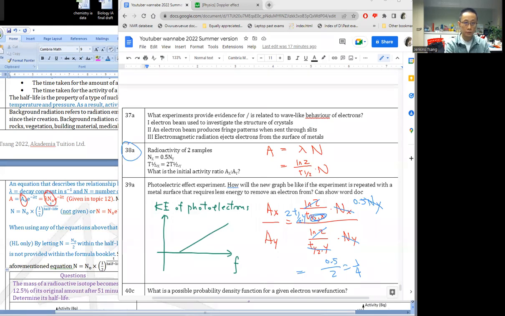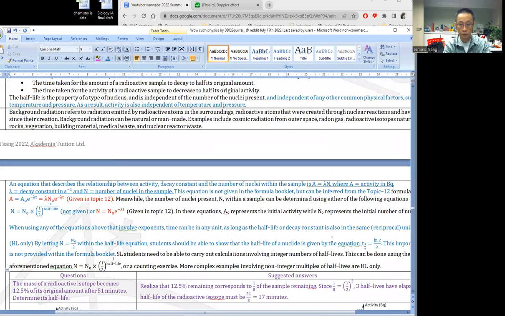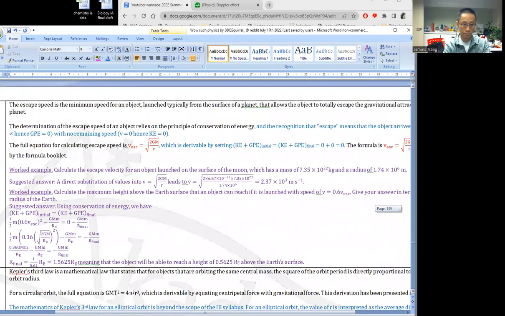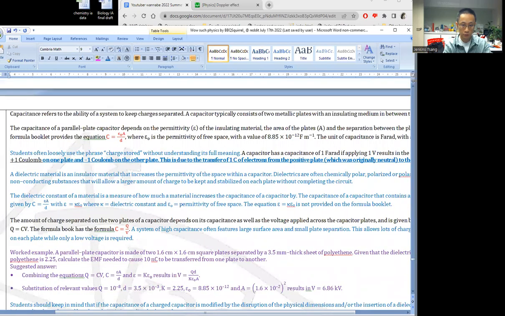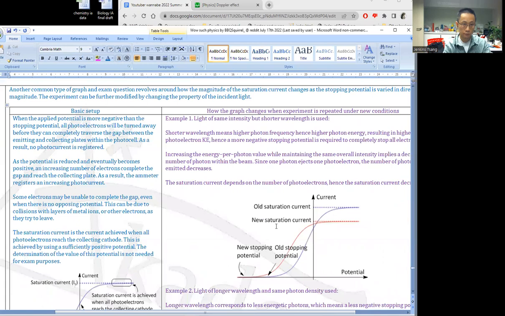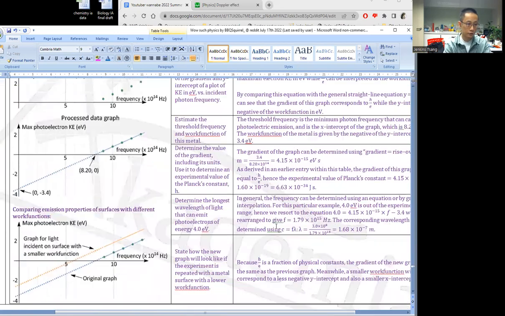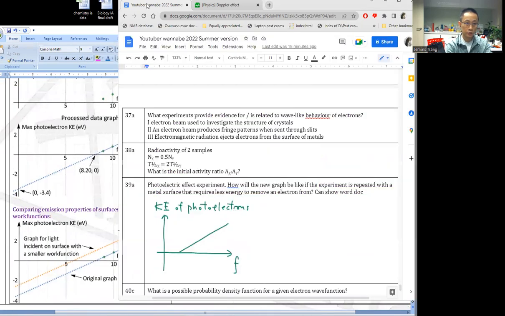Now, question 39. They give you some kinetic energy related to frequency kind of graph, and that's actually a very typical graph under photoelectric effect. And what they're asking is, what happens when you repeat the experiment with a surface which requires less energy to remove an electron from?